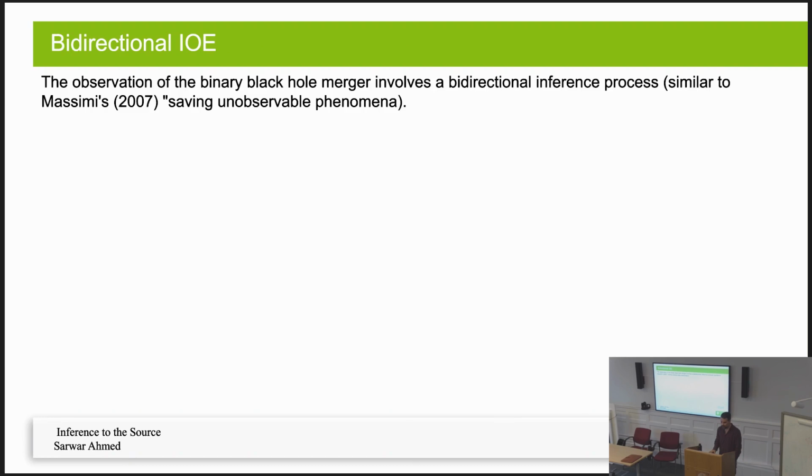So the observation of the binary black hole merger involves bidirectional inference, similar to Massimi, but as I said, Massimi doesn't extend the concept of observation to theoretical entities. That's why the paper is called Saving Unobservable Phenomena.